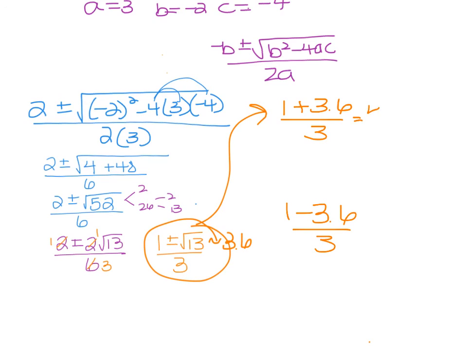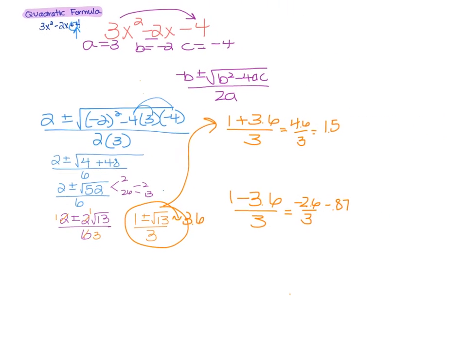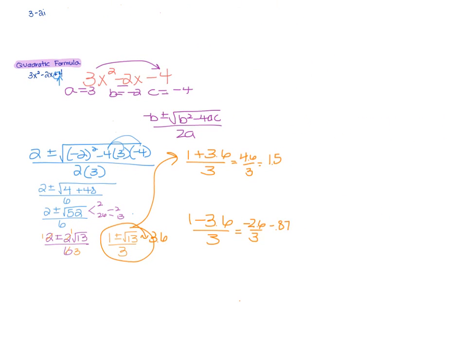So this would be 4.6 over 3, which is 1.5. And then this would be negative 2.6 divided by 3, or negative 0.86, or 0.87 if I was going to round it. So if I were graphing this quadratic, I would know to approximate my intercepts at 1.5 and negative 0.8, something like that.